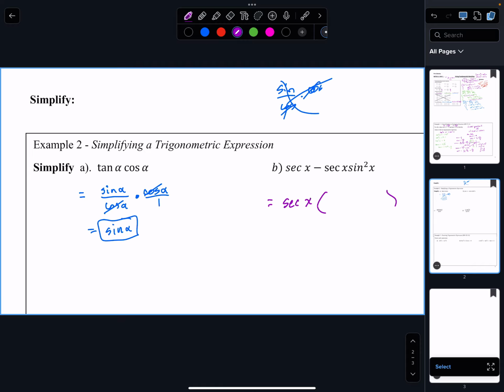And when I do that, what's left inside there is what I get when I divide each term by secant. These cancel, but that's not 0, it's 1. And these cancel, and you have a minus sine squared x.